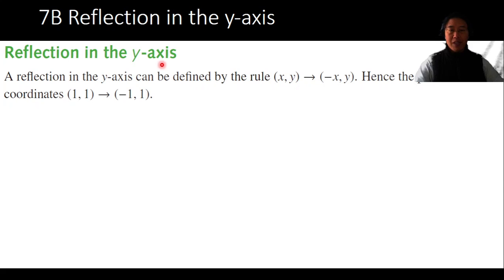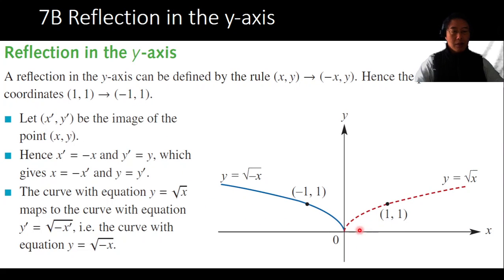Lastly, reflection in the y-axis. The y-axis is vertical, so now your x will become negative x, and your (1, 1) will become (-1, 1). We use again the same function, y equals square root of x. With the mapping, we have x prime equals negative x.